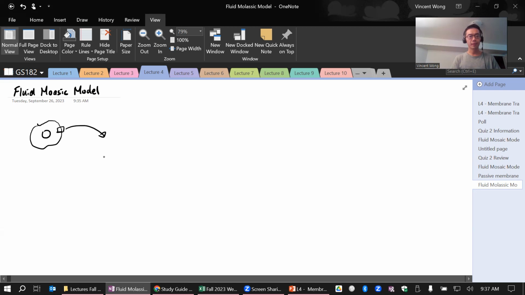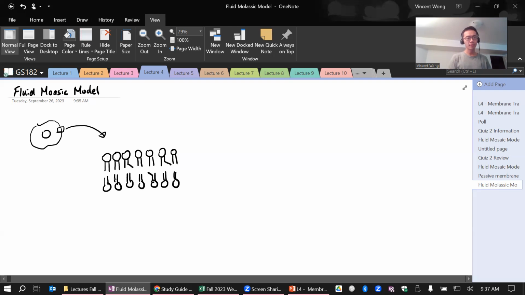Okay, so let's draw some phospholipids. Now, when you draw the phospholipid, I want you to deliberately put in a few that have a kink in them. You can put like 3 or 4 or something like that. Just include some with kinks in them.